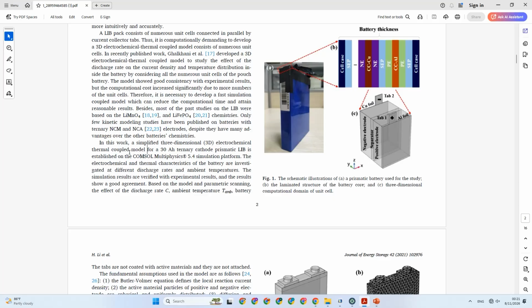Okay, the important part is 30 Ah ternary cathode prismatic.